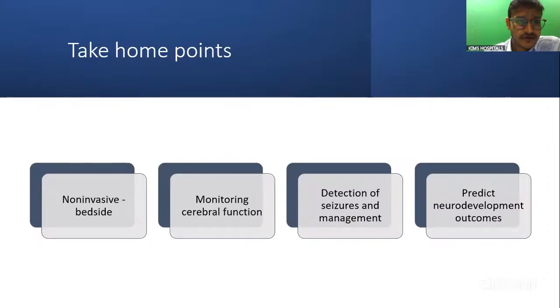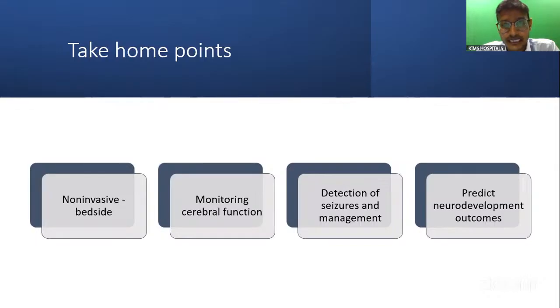So, take home points: it is a very easy, convenient, and non-invasive parameter which can be used at the bedside to monitor cerebral function, especially in neonates with encephalopathy due to any etiology.